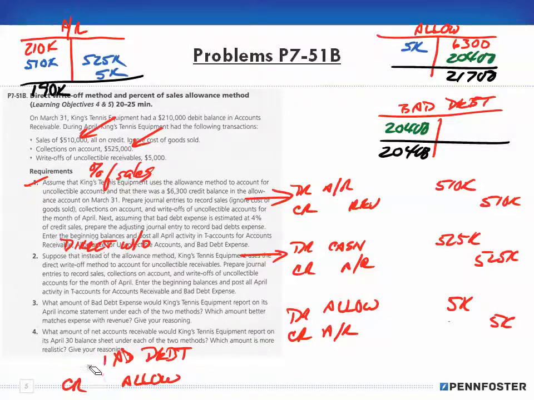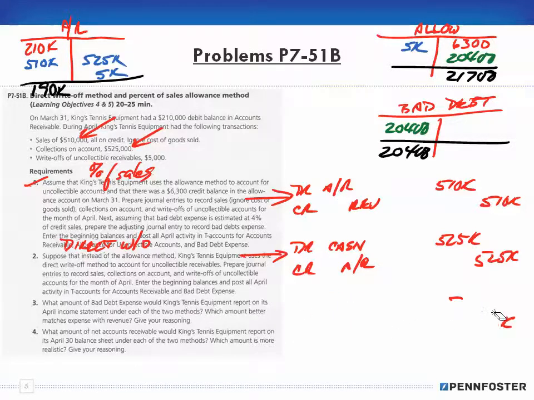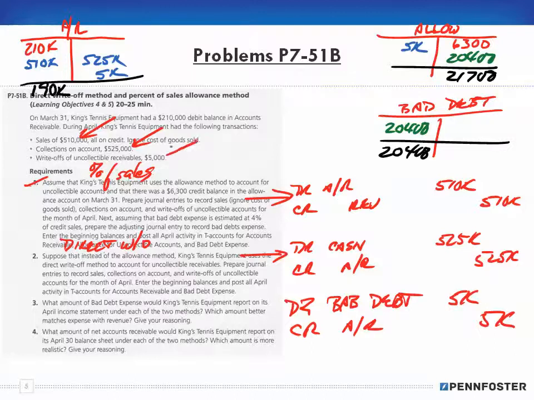Why? Because we're directly writing that off. Our accounts receivable is decreasing, so we're going to credit accounts receivable for $5,000. But since we're writing it off directly to bad debt expense, we will debit bad debt expense for the $5,000. So that's the entry we make to write it off.